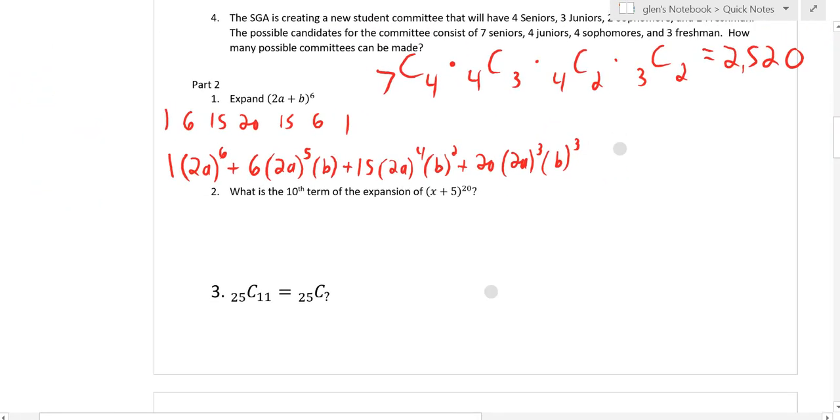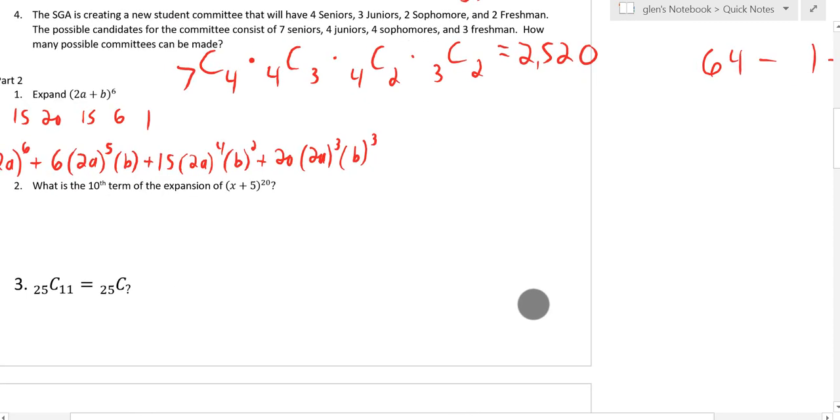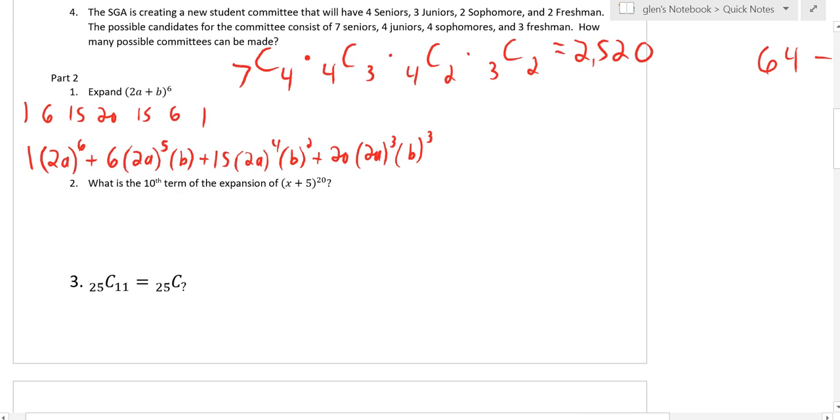Let's shrink this up some. Everybody with me still? Can we finish this? 15 times 2a squared, b to the 4th. You can put that in parentheses, it doesn't matter for the b's. Plus 6 times 2a to the 1st, b to the 5th, plus 1, b to the 6th power.